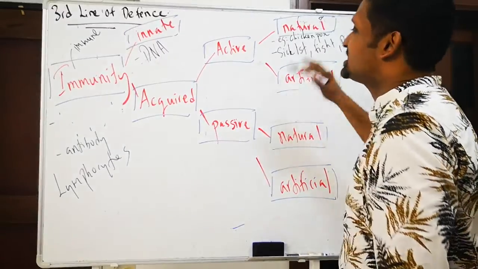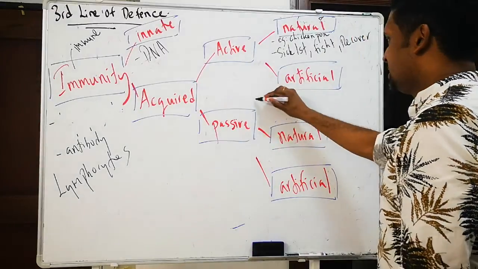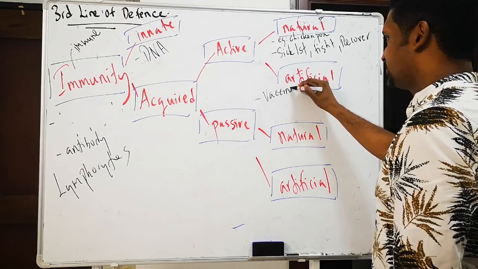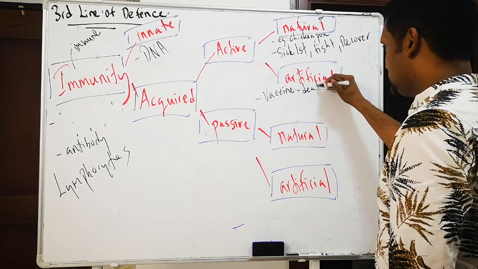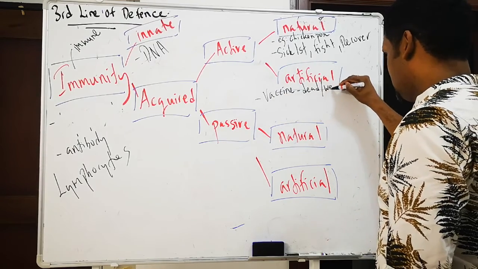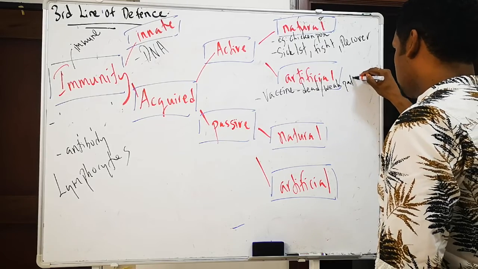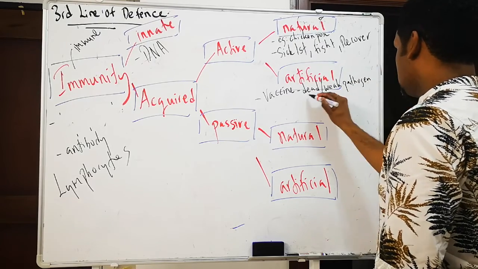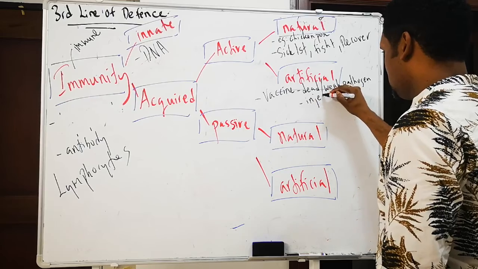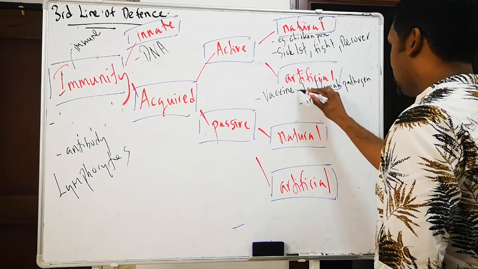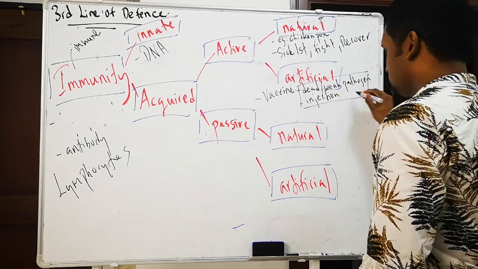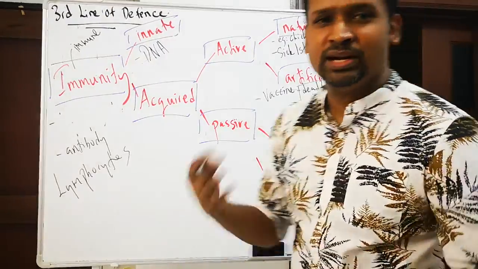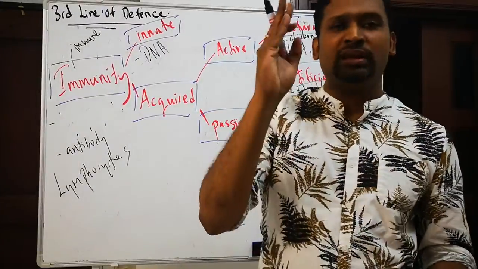Then artificial active immunity. This is vaccine. What is vaccine? Injection of dead or weak pathogens. Example, let's take something simple, relatable now. COVID-19.